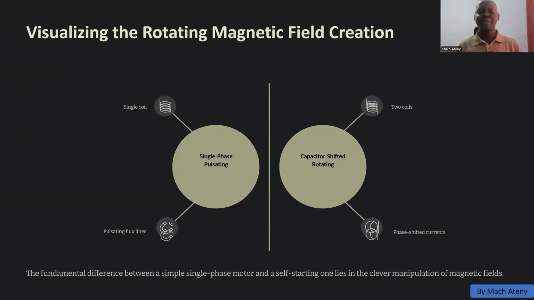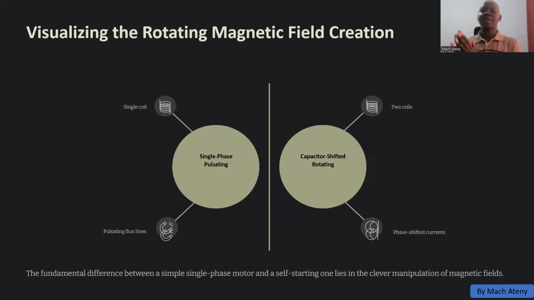The fundamental difference between a simple single phase motor and a self-starting one lies in the clever manipulation of a magnetic field. All of them depend on the manipulation of the magnetic field.